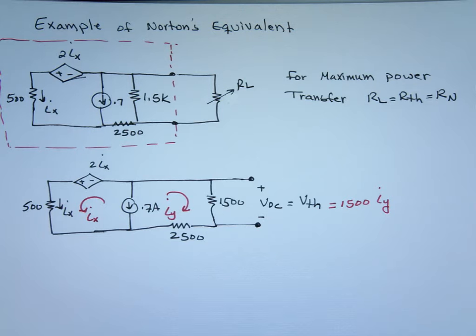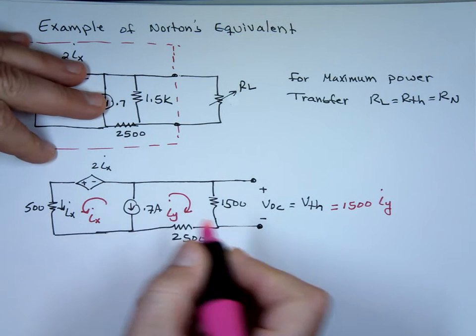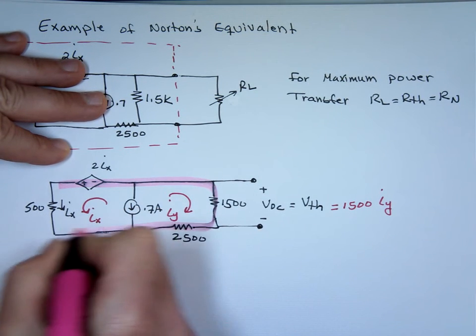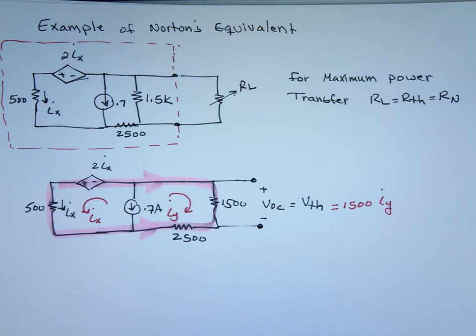Try to be colorful here. How about if I travel this way? You want to travel clockwise or counterclockwise? Clockwise. So I'm going to take the outside loop here.